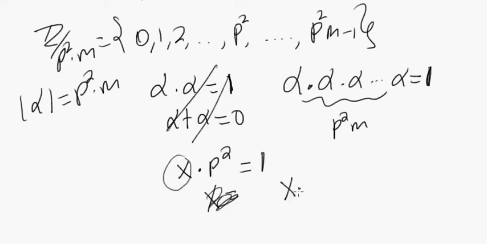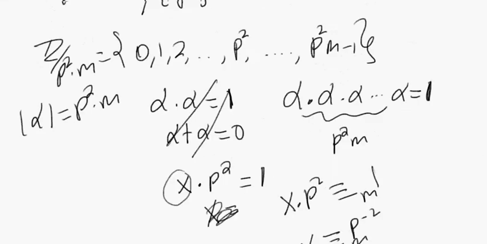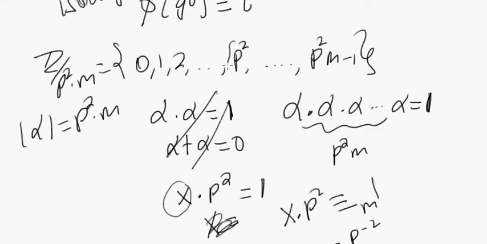So the question is, is x times p squared congruent to 1 mod m for any x? Well, if p and m are relatively prime, doesn't that mean that p has an inverse? So aren't we saying that x is congruent to the inverse of p squared mod m?